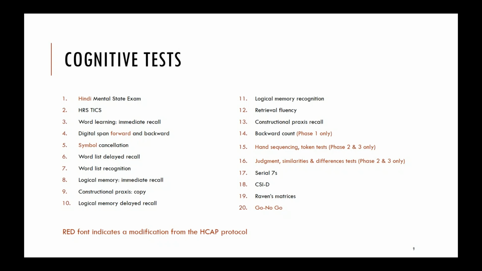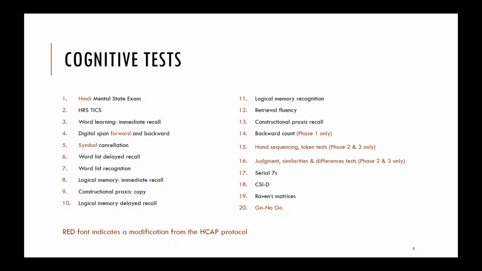And we have introduced a couple of new tests in our study protocol, which include hand sequencing and token tests to measure executive functioning. We brought in the judgment and similarities and differences tests from the CDR.